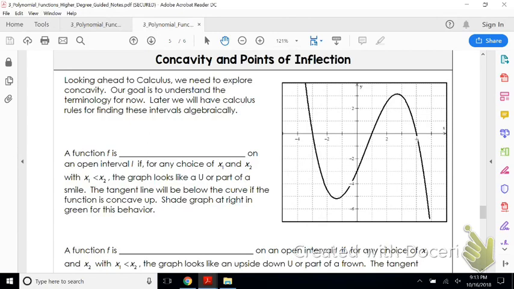A function f is concave up on an open interval I, if for any choice of x1 and x2, with x1 being less than x2, the graph looks like a U or part of a smile. The tangent line will be below the curve if the function is concave up. Shade the graph at the right in green for this behavior.